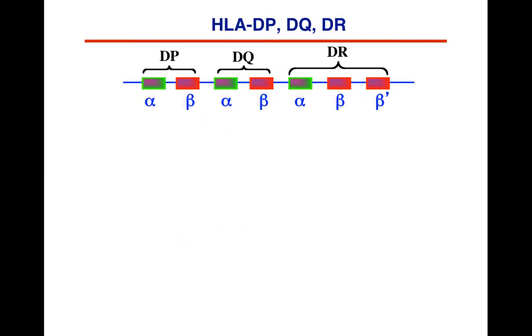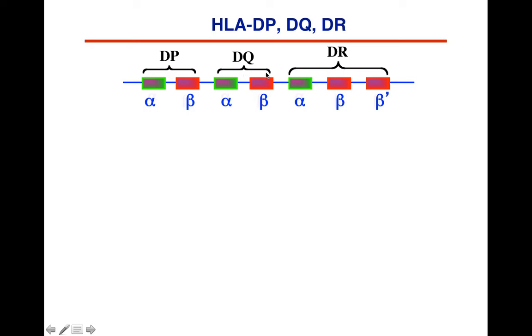So if we look at these genes, they come across as DP, DQ, and DR, and that means that, you remember, there are 2 chains, and they're not exactly the same. There are 2 chains, alpha and beta. Just remember, there is an alpha and beta chain.